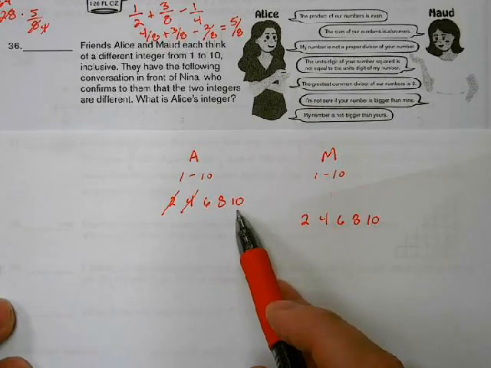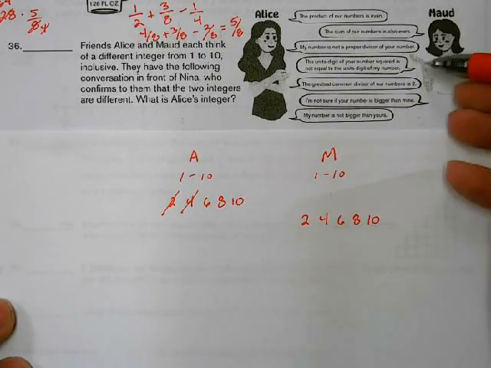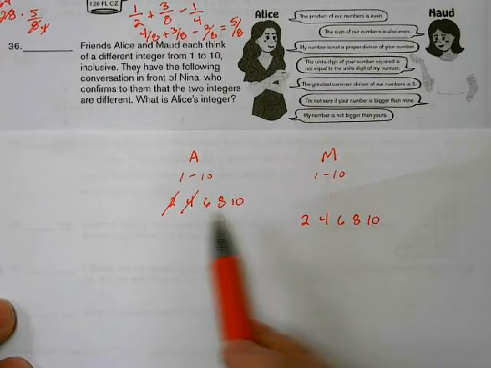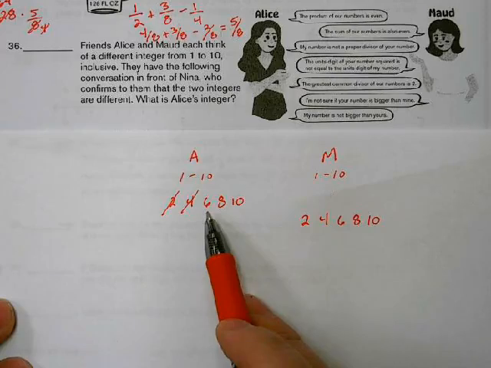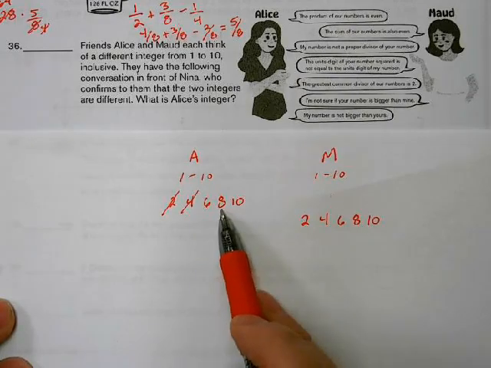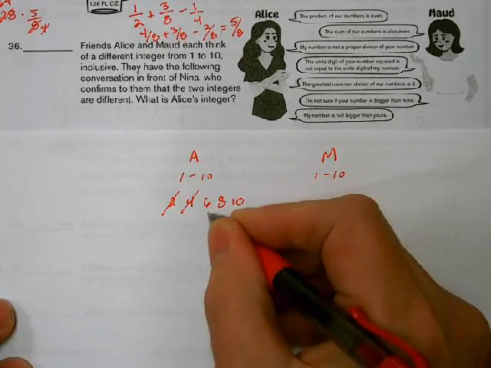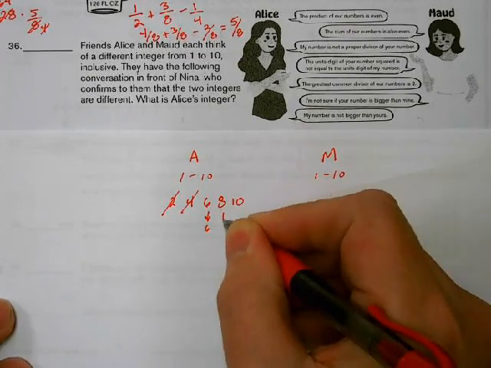Maud's turn. The units digit of your number squared is not equal to the units digit of my number. All right, so the units digit of your number squared, remember she has 6, 8, and 10. So if I square this, the units digit would be 6. If I square this, the units digit would be 4.